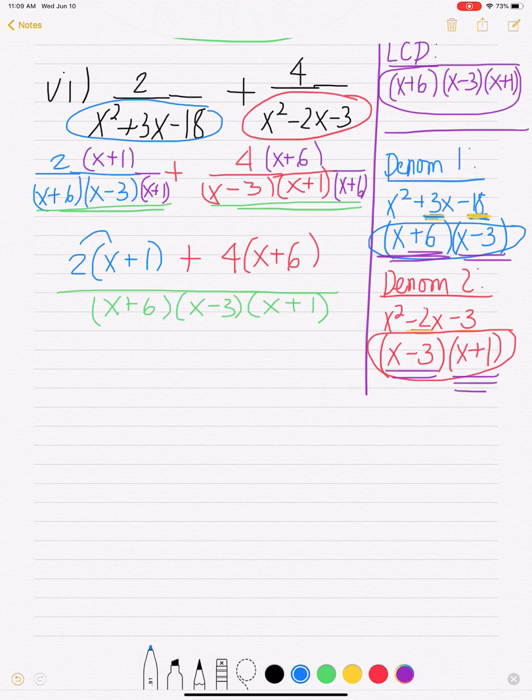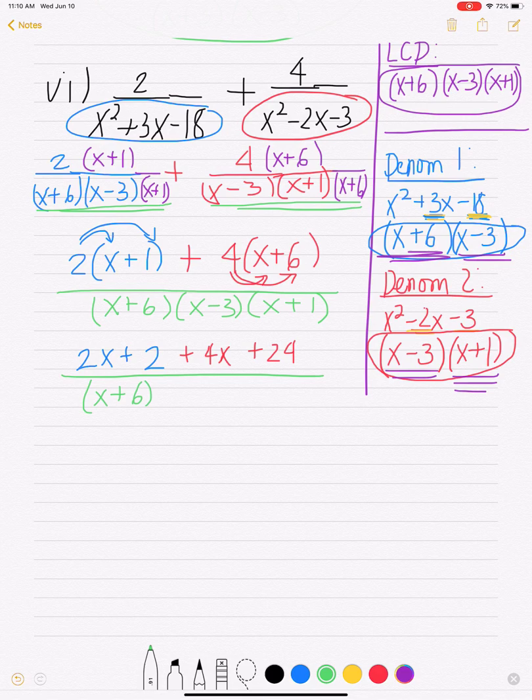So we're going to have 2 times x is 2x, 2 times 1 is positive 2. And then we're going to distribute the 4. 4 times x is 4x, 4 times 6 is positive 24. And that's all over the common denominator, x plus 6, x minus 3, x plus 1.